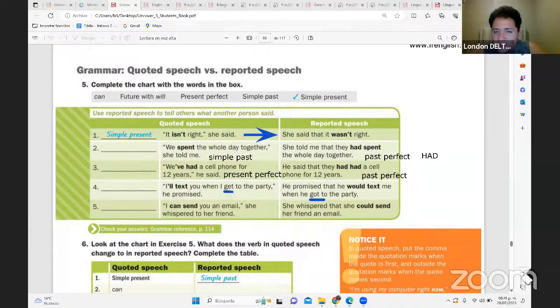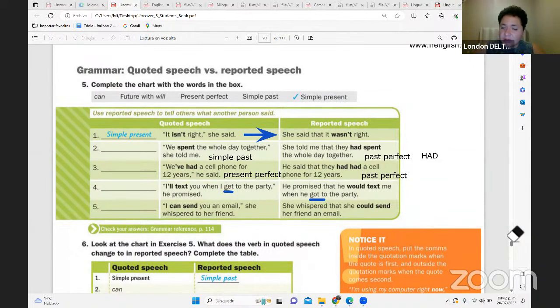Ok, nos faltaría entonces Carla, que iba a corregir su oración. And Dante, you need to correct your sentence too. Okay, so this is your sentence, Dante. So Javier said, cambiamos we por they. So Javier said that they, y will no lo podemos dejar así, tenemos que cambiar will.